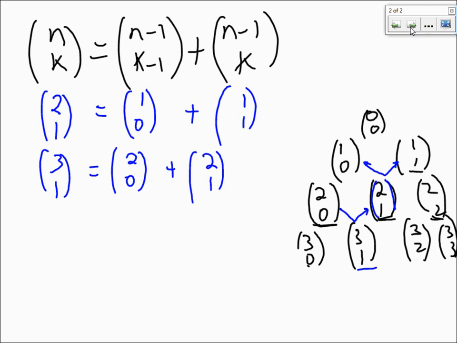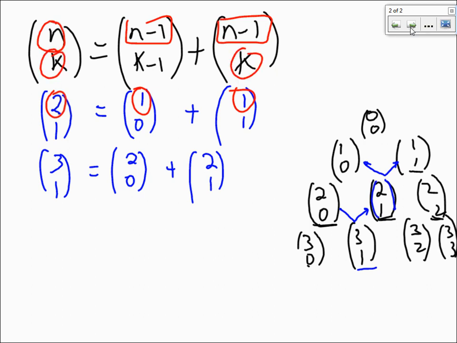Now, if you look at this, let's see what's going on. We're going to talk non-math right now. Whatever the top number is, in the sum, they become 1 less. This is 2, they become 1 less. In the bottom, you have one that's the same and one that's 1 less. This is 1, here's the 1 less, and here's the same. 3, the tops went down 1, this is 1, one of them is 1 less, and one of them is the same.